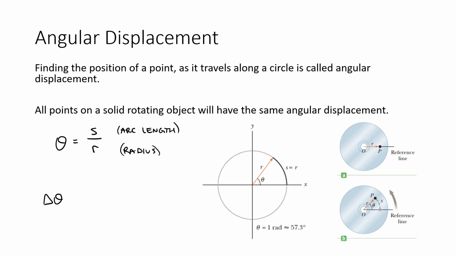That is delta theta, which is basically just final minus initial. The units for this angular displacement are just radians, or I'll commonly just put rad.